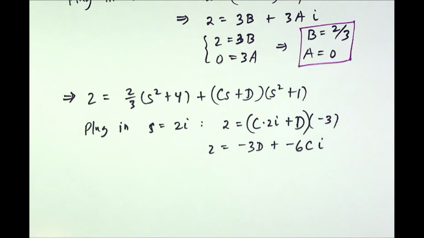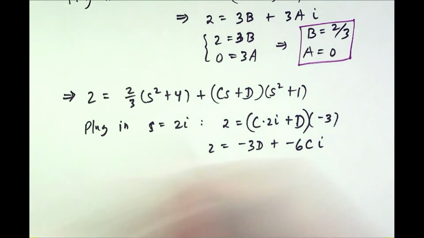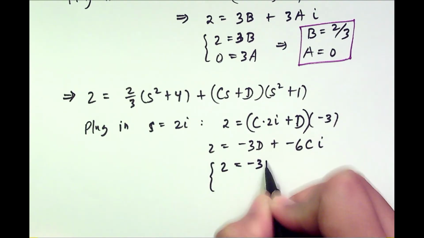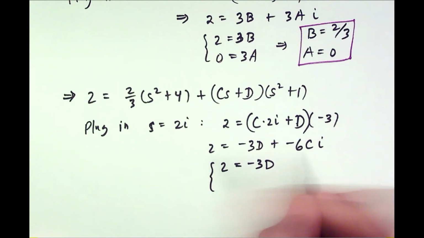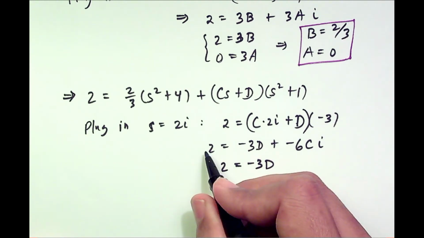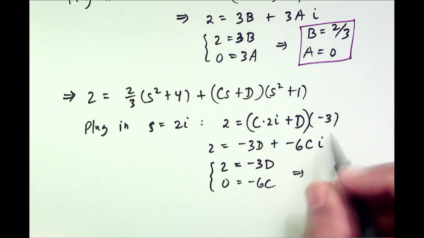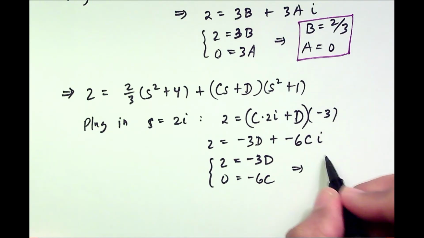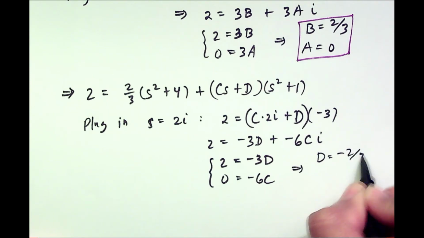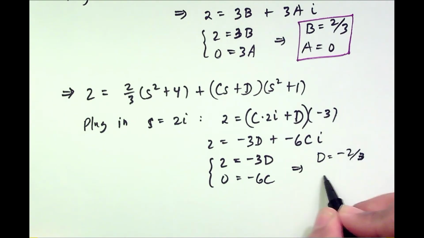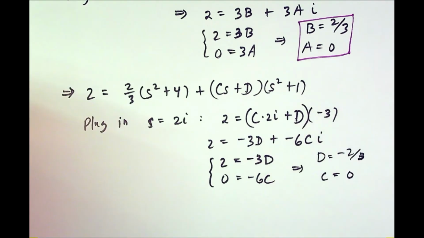Now setting the real parts equal to each other and the imaginary parts equal to each other, we get that 2 equals negative 3d, and the imaginary part on the left hand side is 0, so 0 equals negative 6c. That gives you that d equals negative 2/3 and c equals 0.